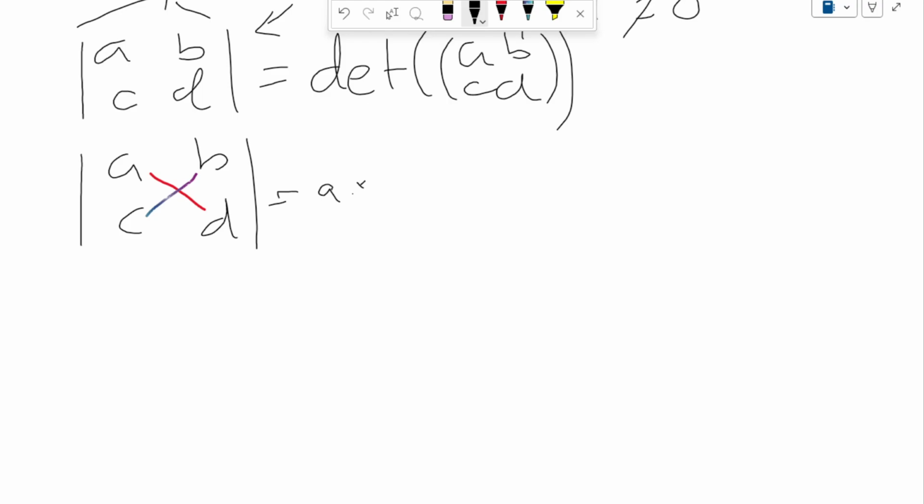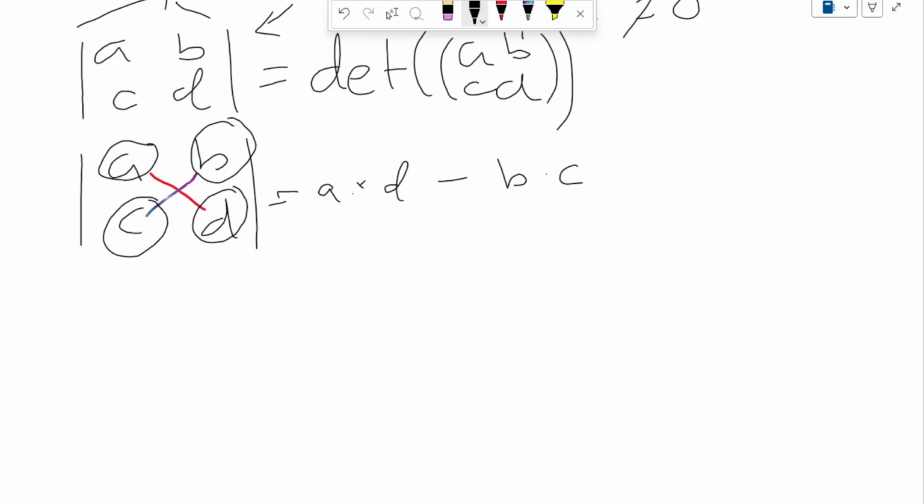This is going to be a times d minus b times c. So for the 2x2 determinant, you just take the upper left times the bottom right minus the upper right times the bottom left. Everyone get that formula? Cool.